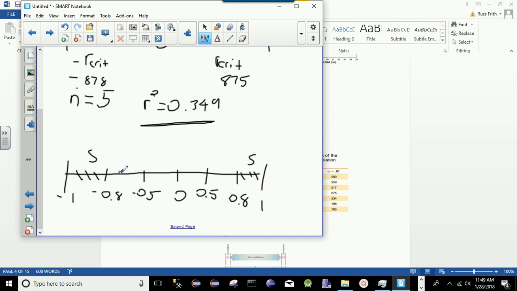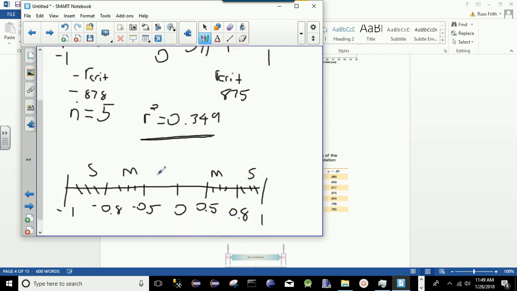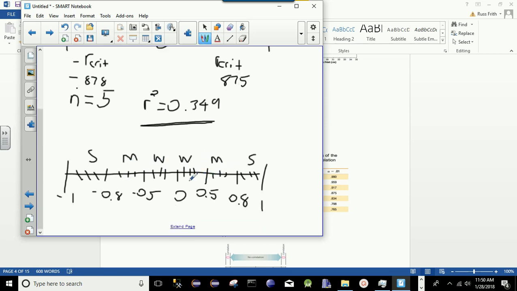If it falls in this interval or in this interval, then you have a moderately correlated value. In this case, our correlation is moderately correlated, but it doesn't exhibit sufficient linearity at the 95% confidence level. And if your correlation value falls here, then you have a weakly correlated or no correlation presence. That's insofar as linearity goes.